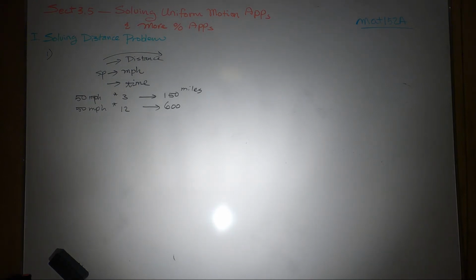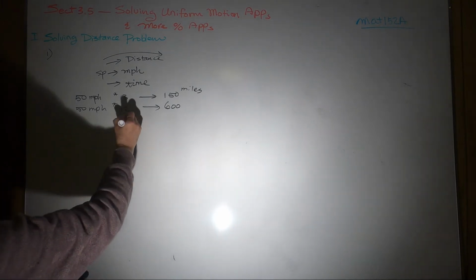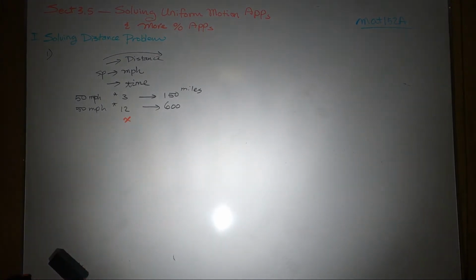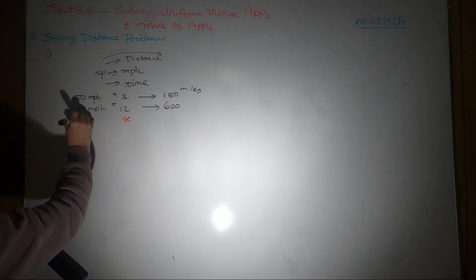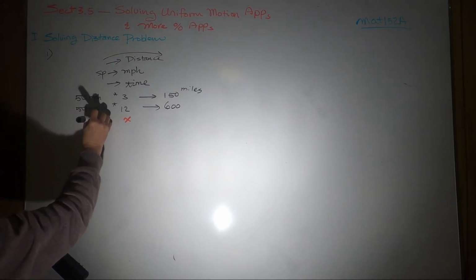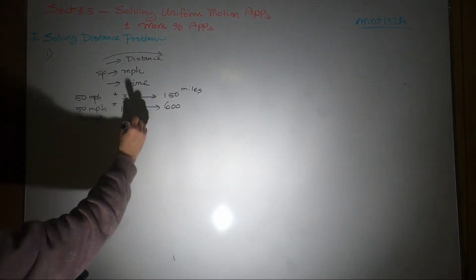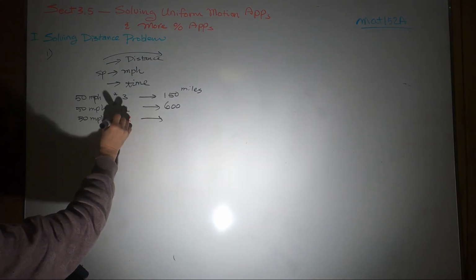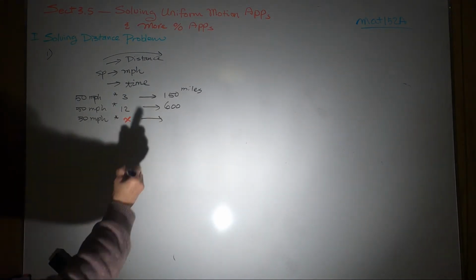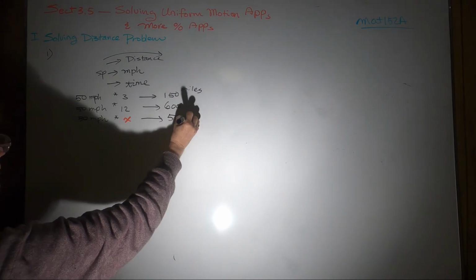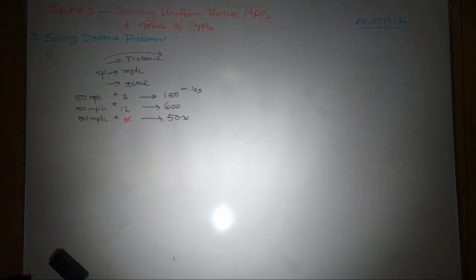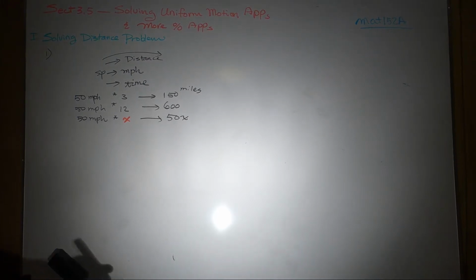We will use X. So if I drive X hours at 50 miles per hour, how far can I go? You multiply them, same concept, right? So that will be 50x.